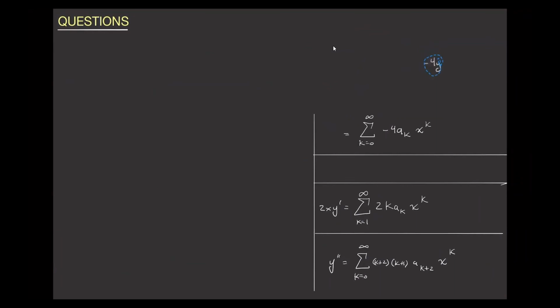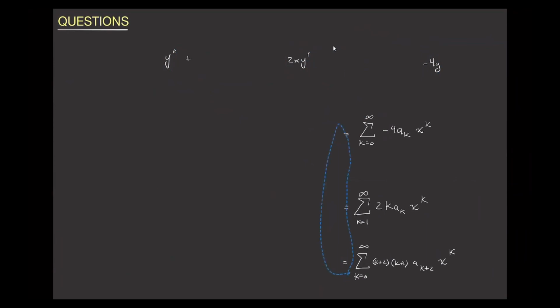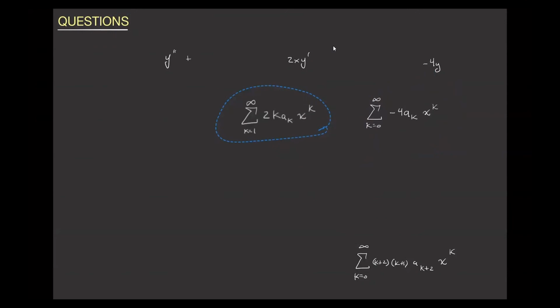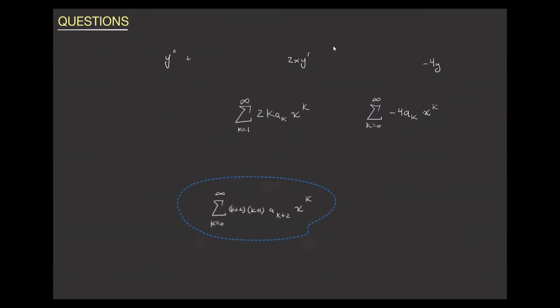So if we have minus y, 2xy, and then y double prime, that's just our differential equation. Then what that alternatively gives us is this series, and this one. And this, of course, is all equal to 0.